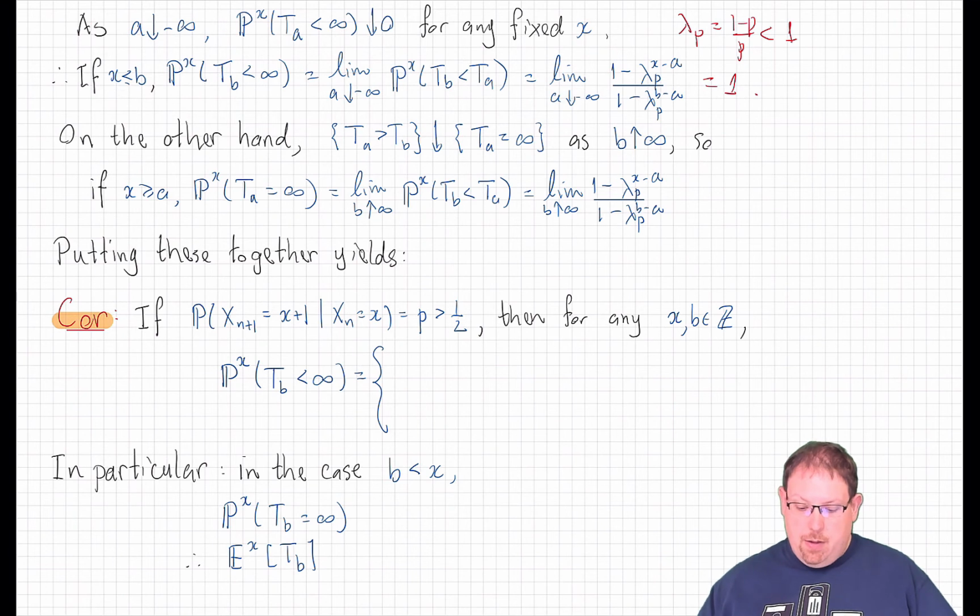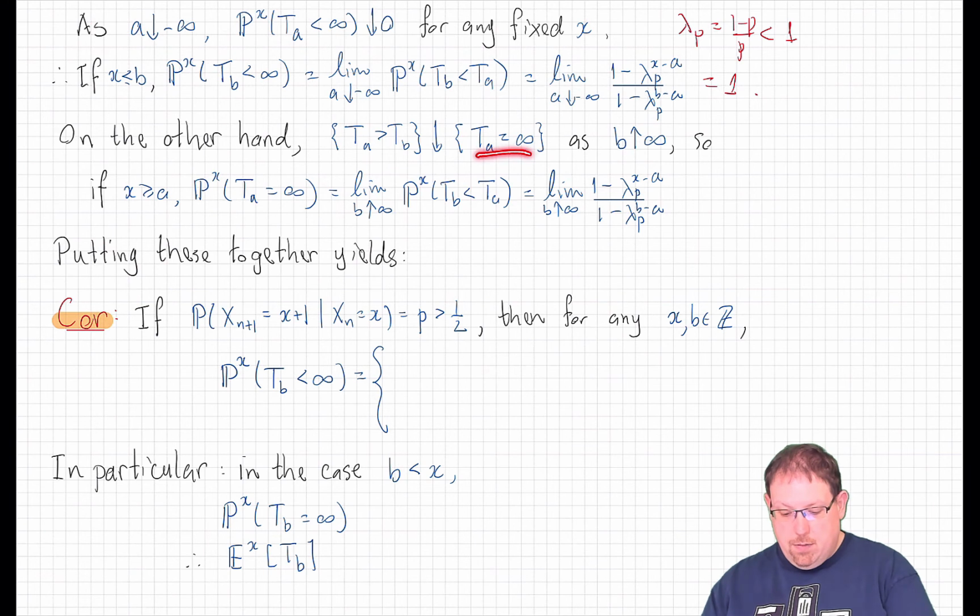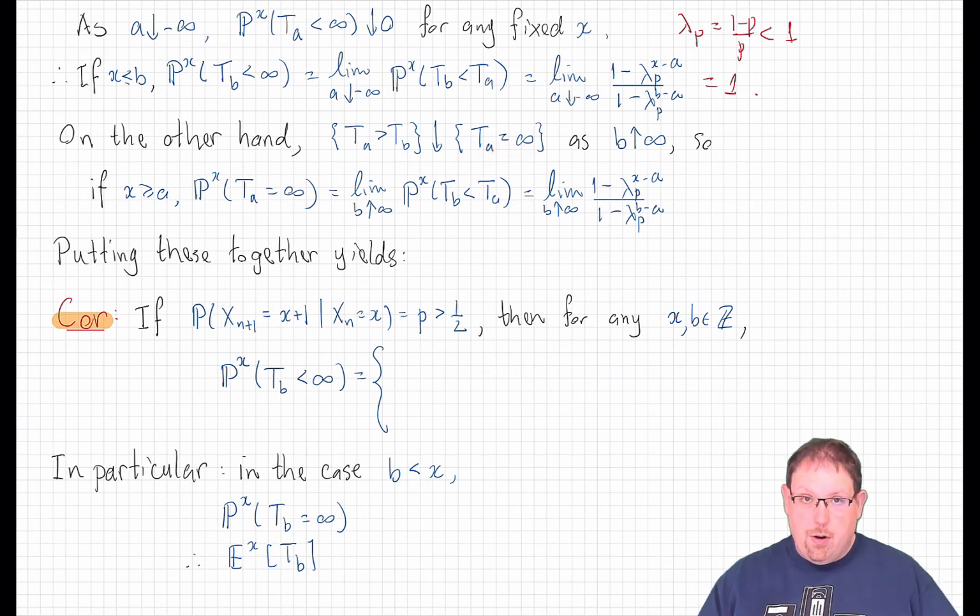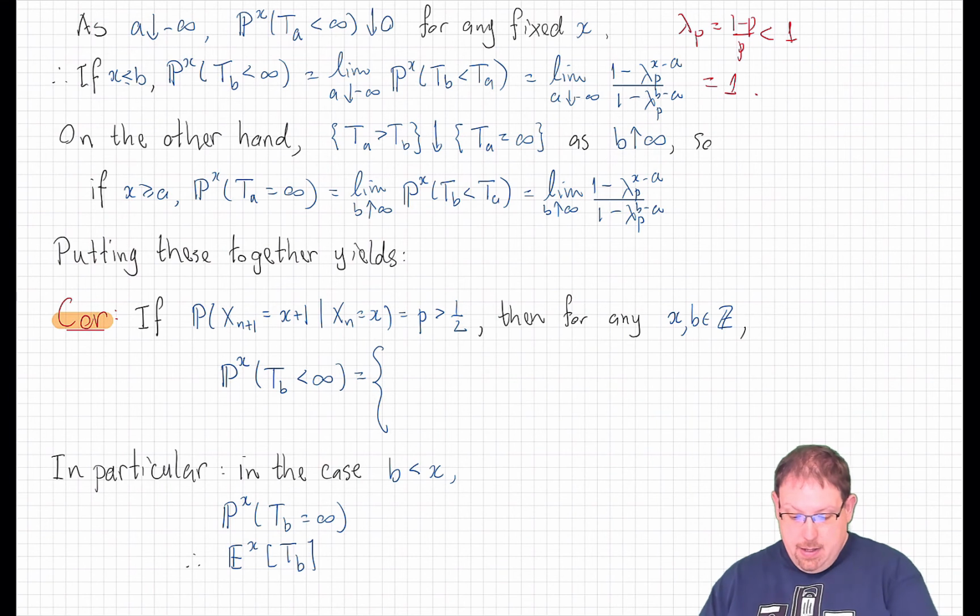As b goes off to infinity for any fixed starting point x, the chances that we eventually reach b go up to infinity, and that means that this goes to infinity. So this event converges to this one, which of course is a decreasing limit of sets. Therefore, if I start with an x in between a and b, and since b is going off to infinity, that just means starting with an x greater than or equal to a, the probability of this event is the limit of the probabilities of those events.